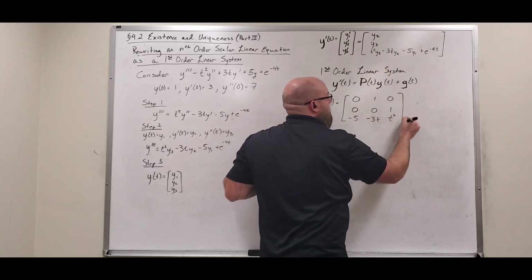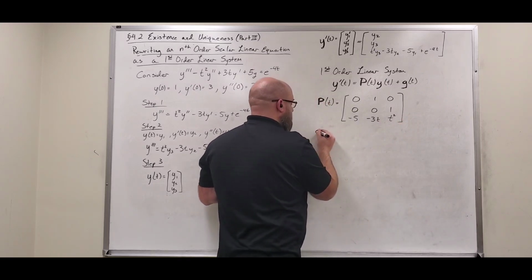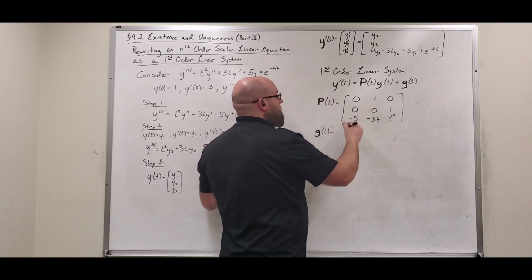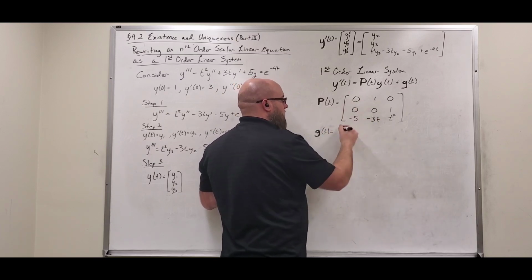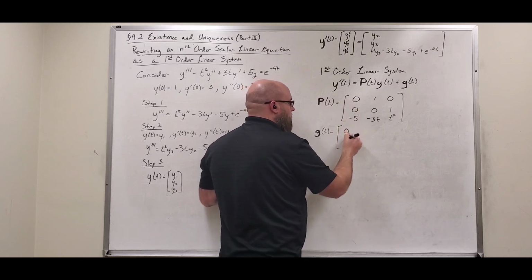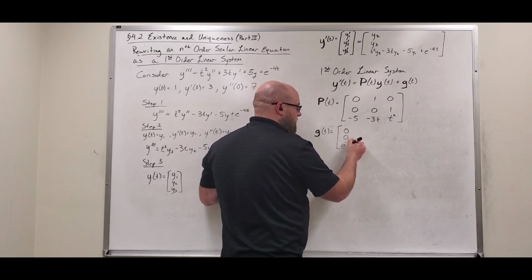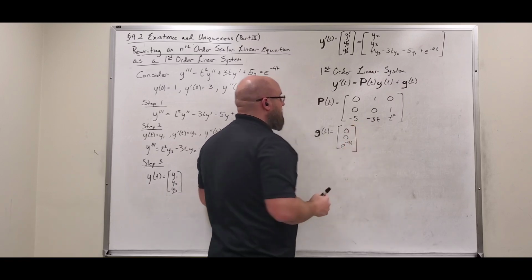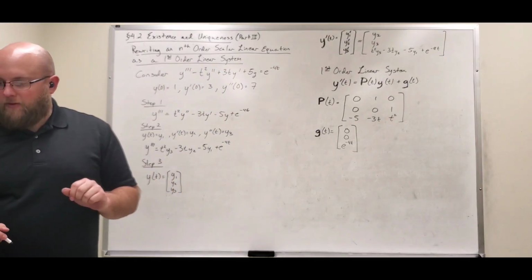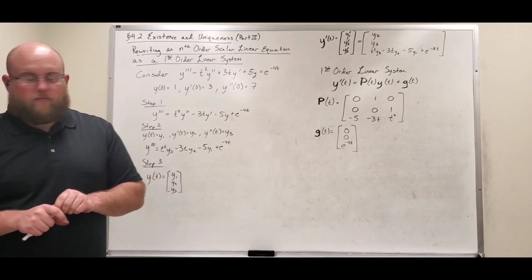Okay? And now our g of t. All right, well, g of t is equal to everything that's not associated with y, so there's not one in the first equation or the second equation, but there is this e to the negative 4t here. So that's our two pieces for that part, okay? The next step is rewriting our initial values.